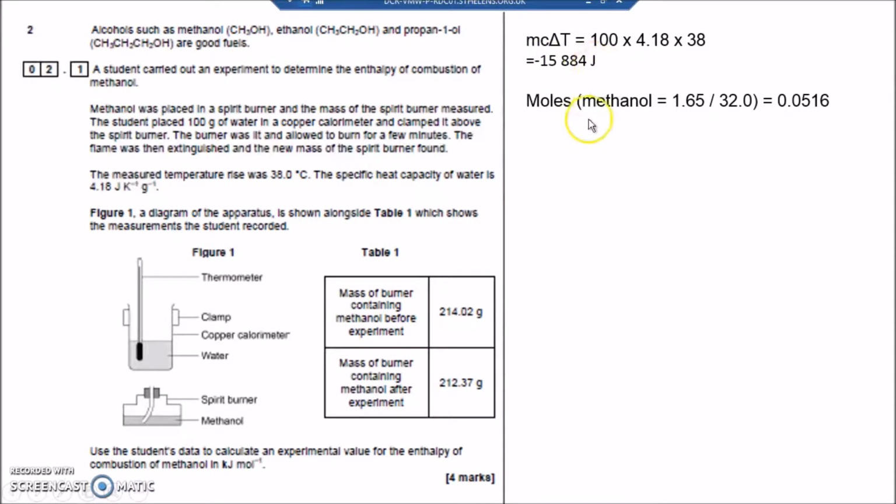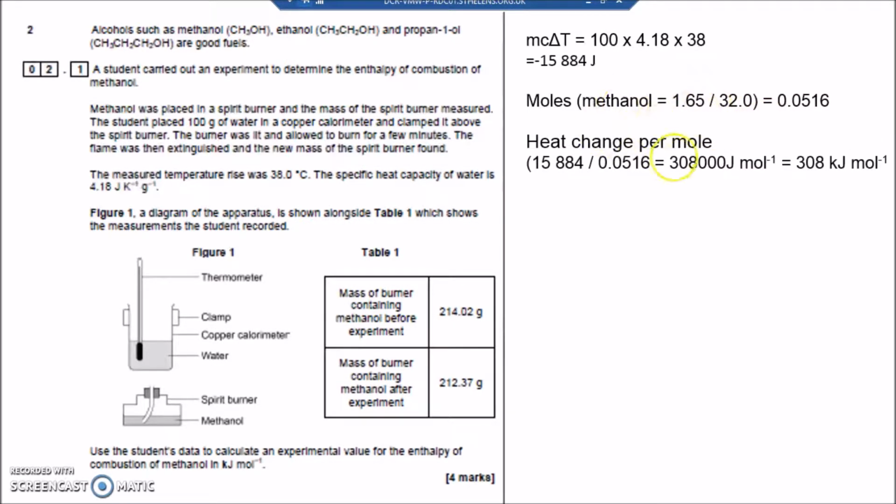15,884 joules of energy. Now I've got to work out what would be given out if it were kilojoules per mole. Well, this amount is very much less than a mole, gives out 15,884, so if I divide 15,884 by this small amount, it will tell me the number of joules of energy that would be given out if I had a full mole.